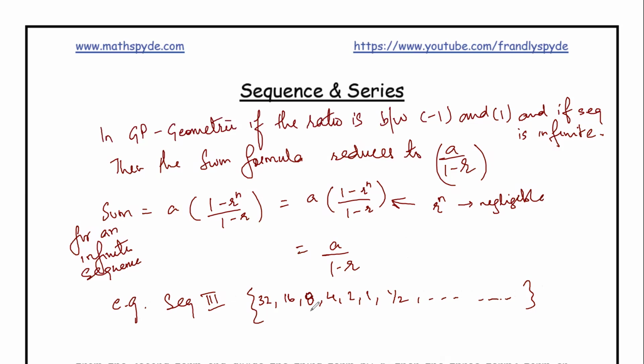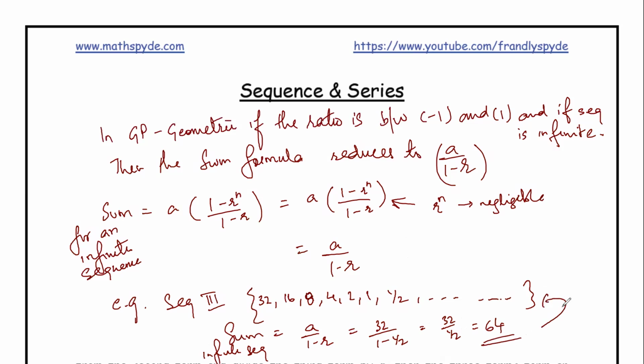When there's an infinite sequence and we have to find the sum, it is a upon 1 minus r. So a is the first term, 1 minus the ratio, which is half. So it's 32 upon half, which is 64. So that is my answer for this sequence if it's infinite.